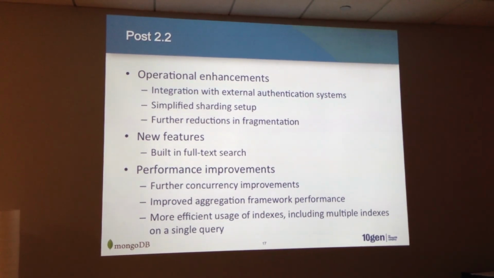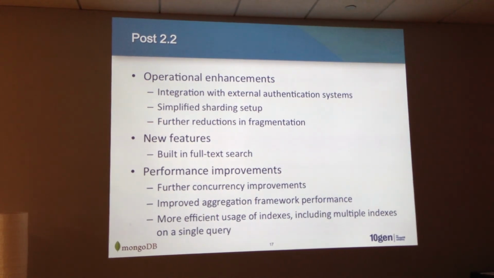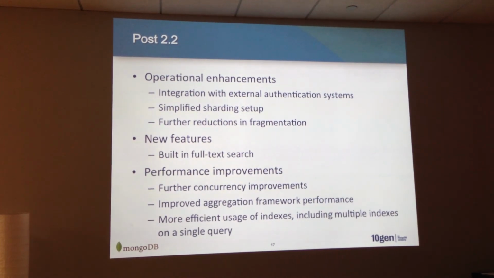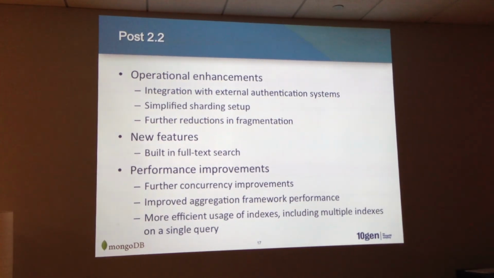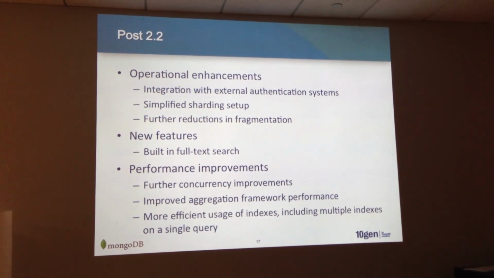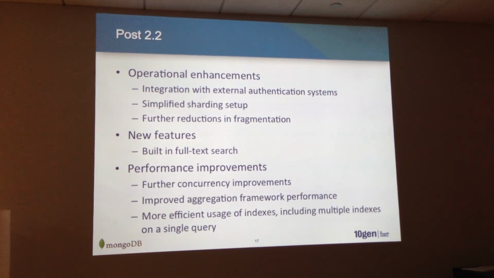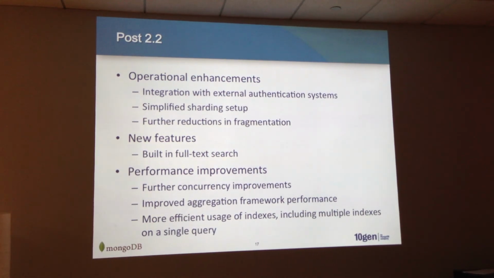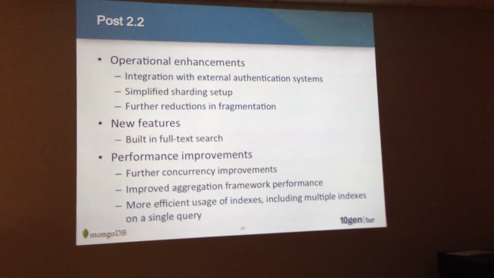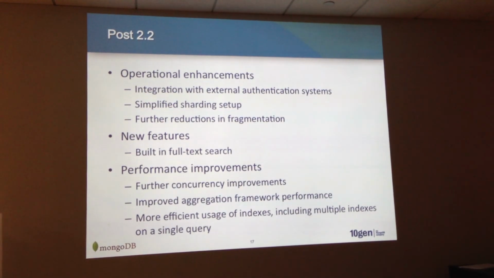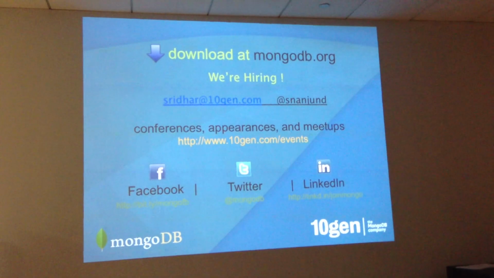The other improvements: we want to try to make the lock more granular, the aggregation framework will get better with output to collections, and sharding will get improved. And then there will be better optimization using the indices, including multiple indexes on a single query, which goes back to basically the intersection of the indices. So that's it.